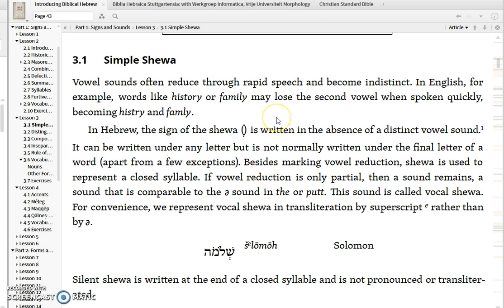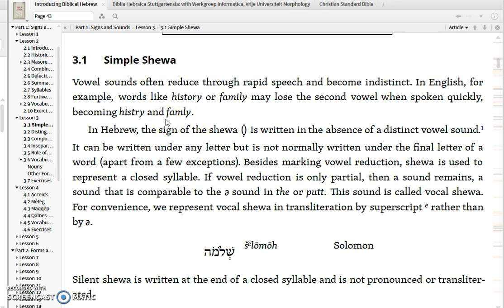Now, Ross illustrates this with the English example, history or family, but the word family is often pronounced "fam'ly," in which the I has disappeared entirely. And so that would be a schwa.